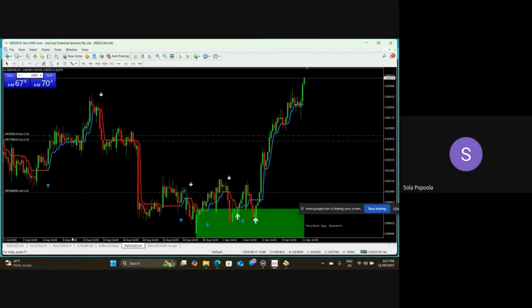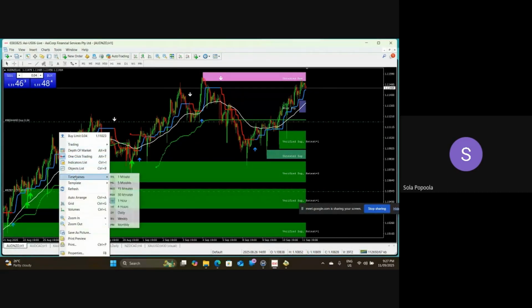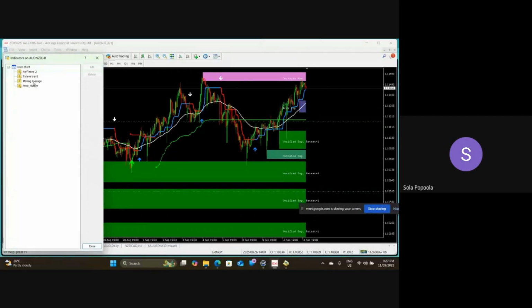Let me use another place, this particular one here, guys, so that you understand. I want you to understand how to get out of hedged positions. How do you get out of hedged positions?